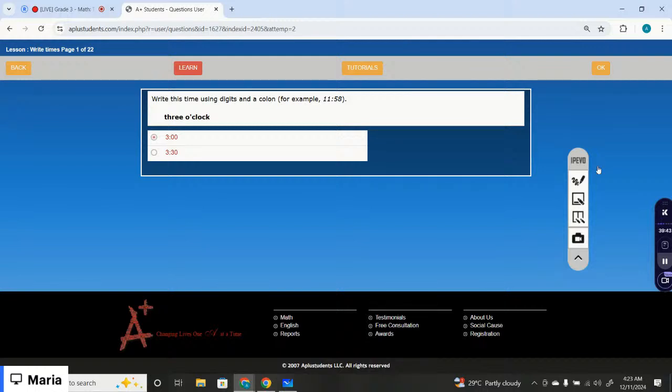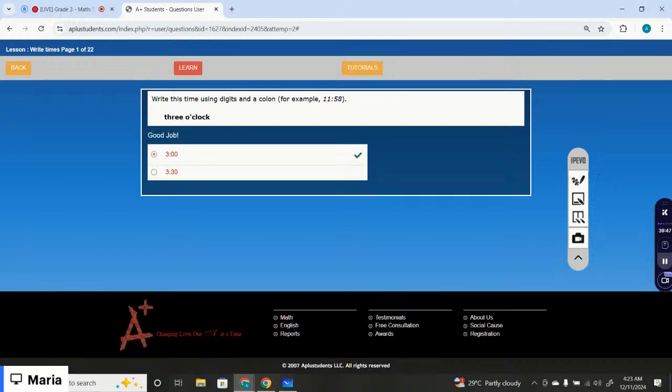That is option number one. You need to write 3, a colon, and 0, that represents exact 3 o'clock, right?